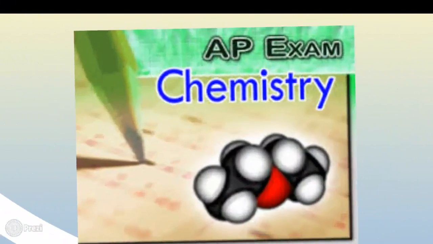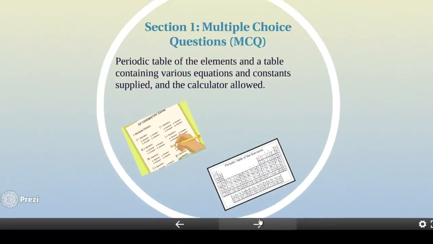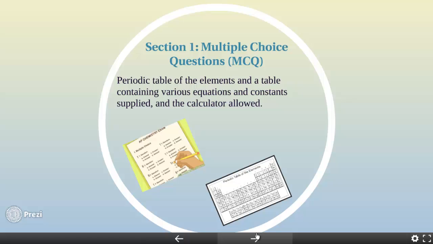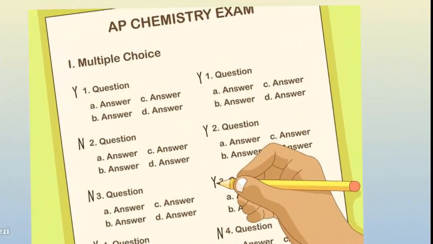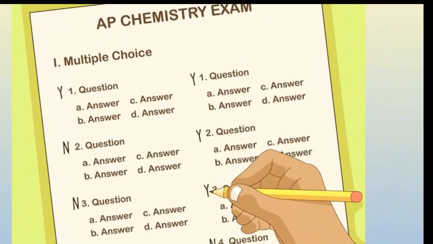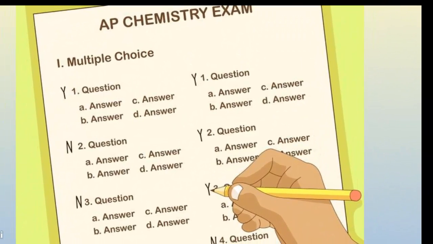Now let's talk about the structure of the AP Chemistry exam in detail. The first part of the exam usually consists of multiple choice questions. You will choose one of 4 or 5 answer choices for each question and use a pencil to transfer your choices on the AP answer sheet.